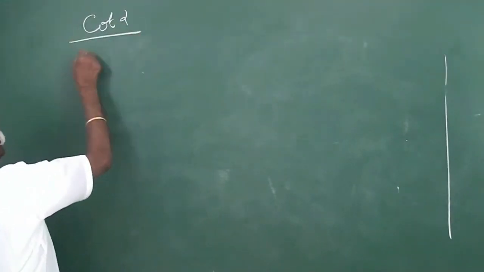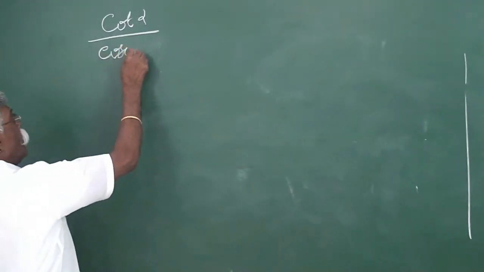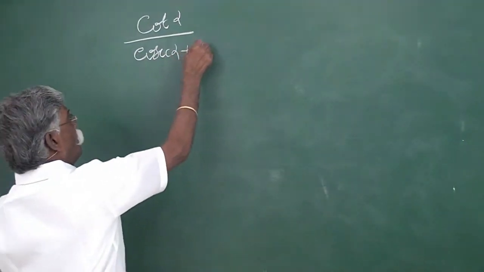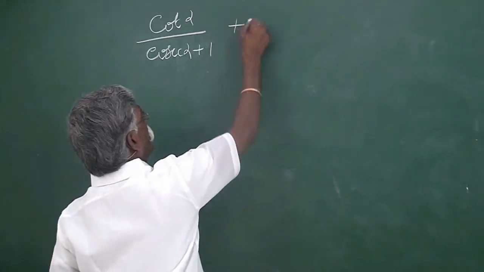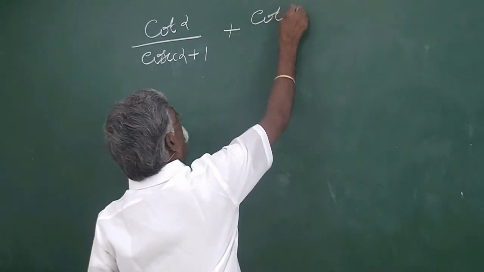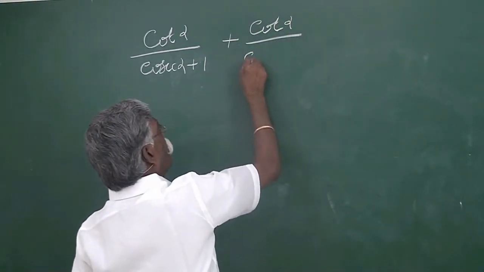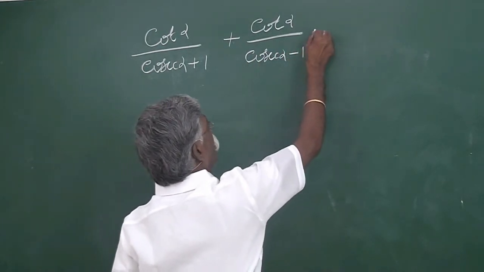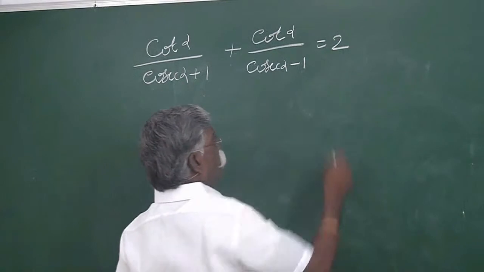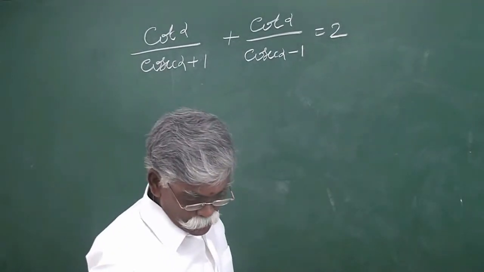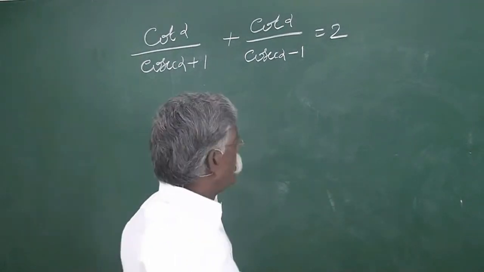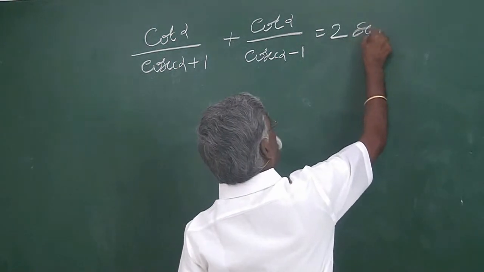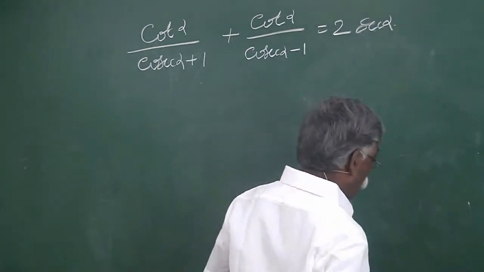Cot alpha by cosecant alpha plus 1 plus cot alpha by cosecant alpha minus 1 is equal to 2 into secant alpha.